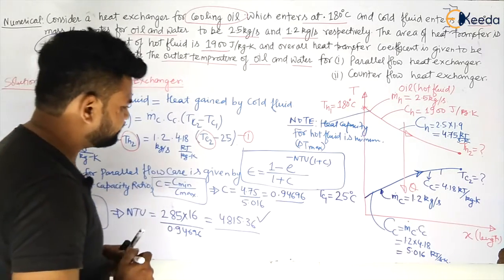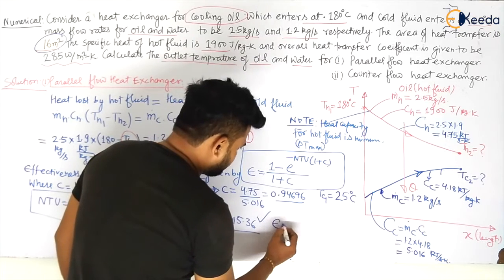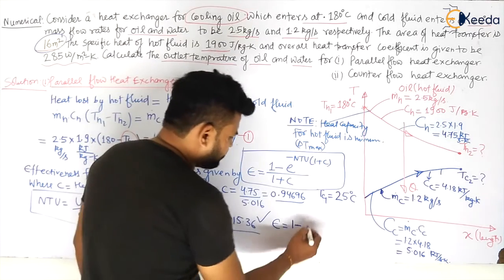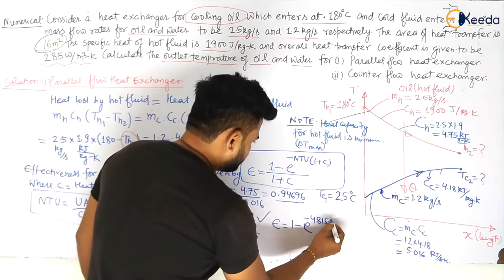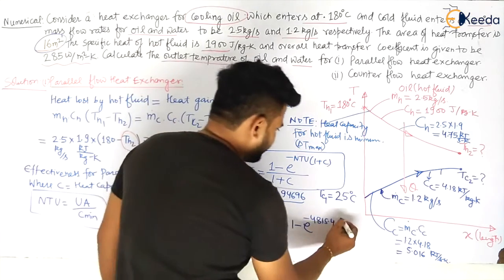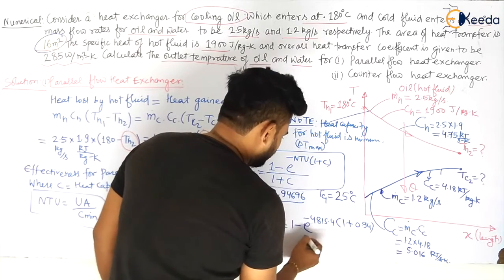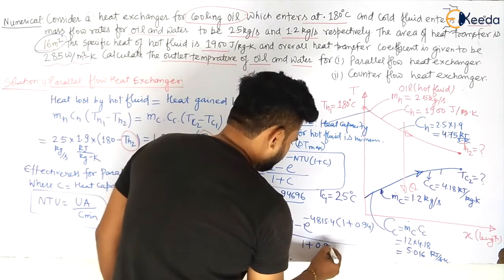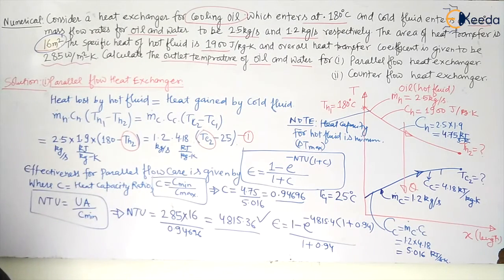Now let us see. I am directly calculating the effectiveness here. The effectiveness E will be given by 1 minus e to the power minus NTU, that is 4815.4 that I am taking, multiplied by 1 plus C, given to be 0.94, divided by 1 plus C, again 0.94. Let us calculate the value of effectiveness, my dear students.